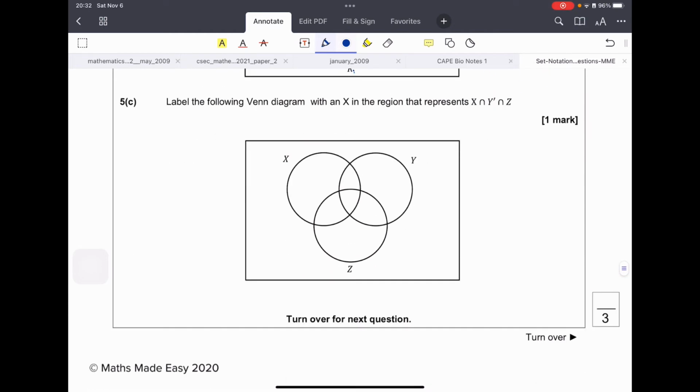Alright, now they're asking to label the Venn diagram with an X in the region that represents X intersect Y prime intersect Z. Now, I kind of almost did that in the previous question, so we could take another practice of it, right? So, no brackets here, so let's work left to right. Let's find X. So X is this circle here. Boom. So X is everything here.